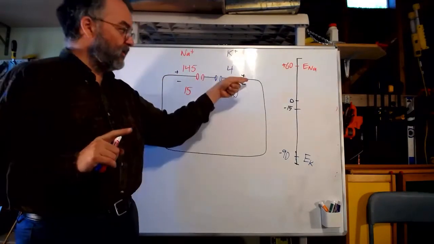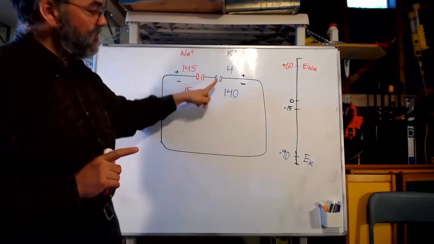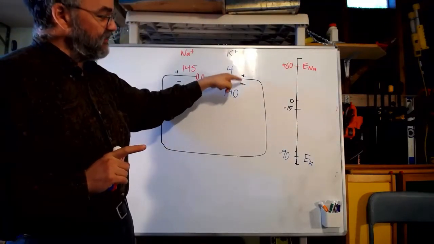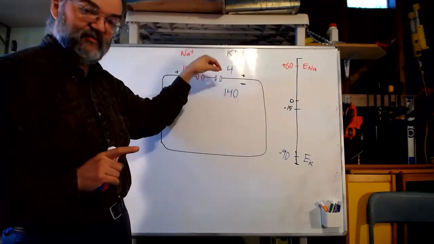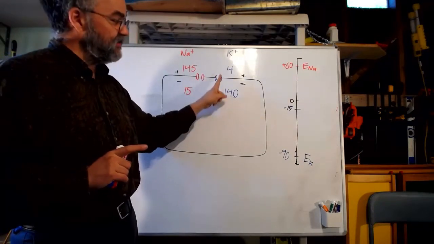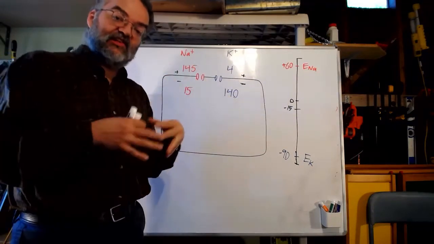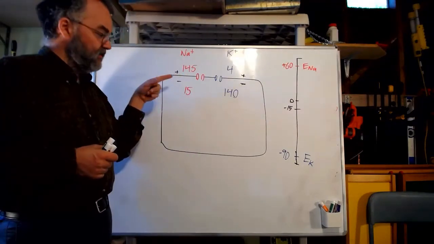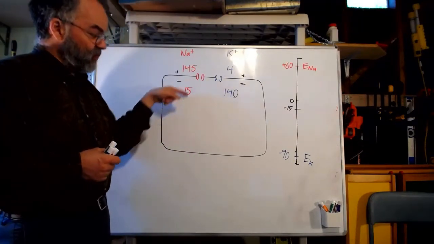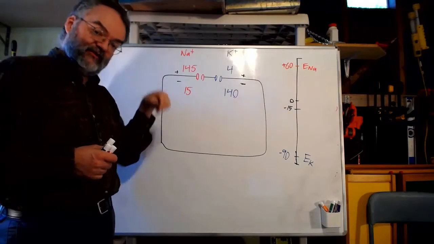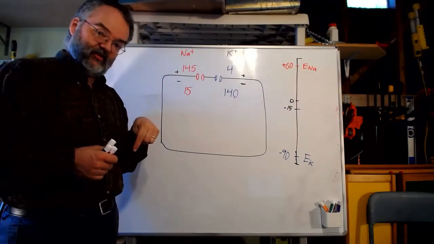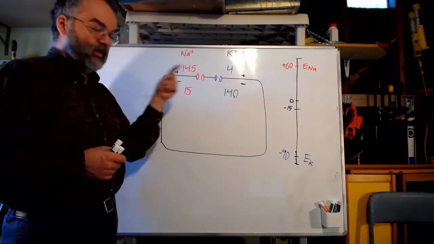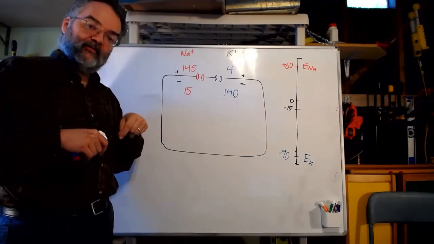Now think about what this does. Potassium tends to leave, but this negative inside tends to pull the positive potassium in. So it's tending to leave, but this is acting against it, slowing it down a little bit. Now think about sodium. This negative inside is attracting sodium inward, so both its diffusion and its electrical gradient are pointing in. So even though it has only one channel, it's getting pulled in a little more.